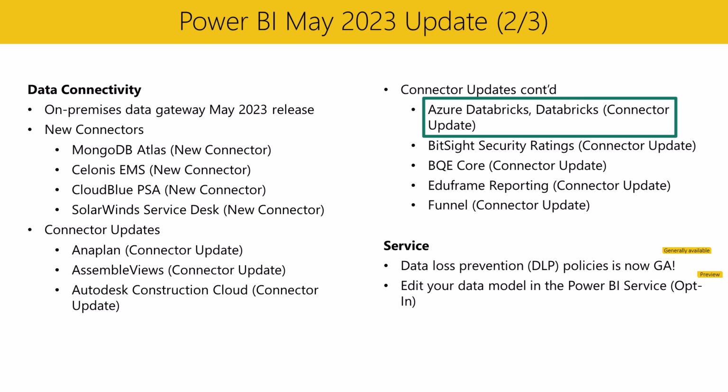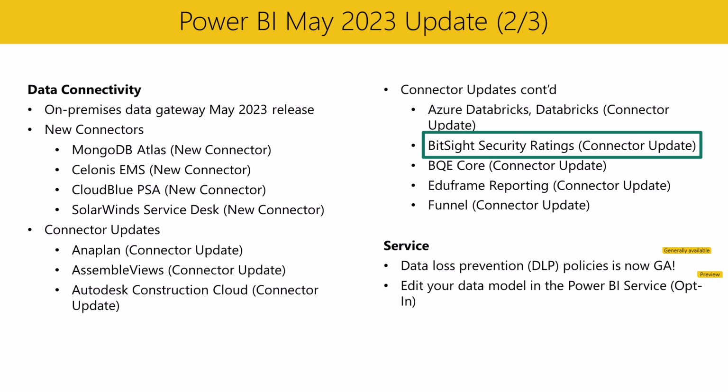Azure Databricks and the Databricks connector updates include adding escape support in SQL capabilities, removing the beta label from the connector, and enabling SQL API SQL bind col by default. BitSight security rating connector updates include adding a column called Details that offers additional information about security vulnerabilities and findings, and some bug fixes.